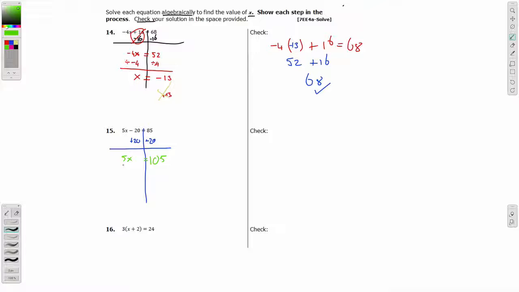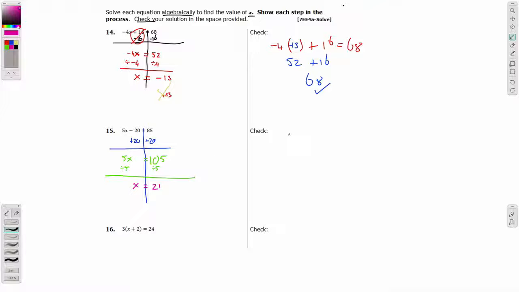Now I've got to make 1x, so I'm going to divide by 5 on both sides. My last step: now I have 1x remaining on this side, and 105 divided by 5 is positive 21. So I think that x represents 21.